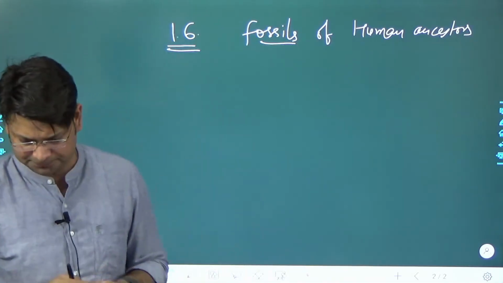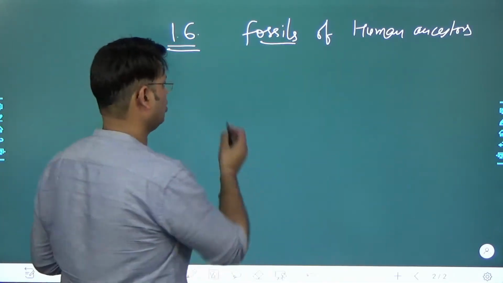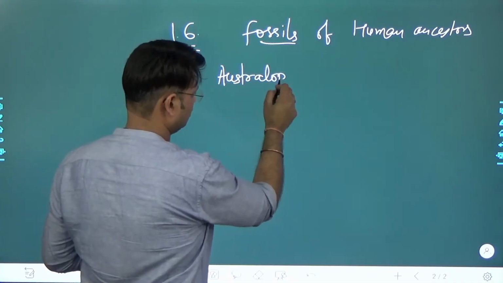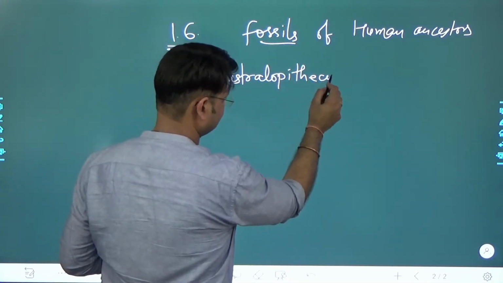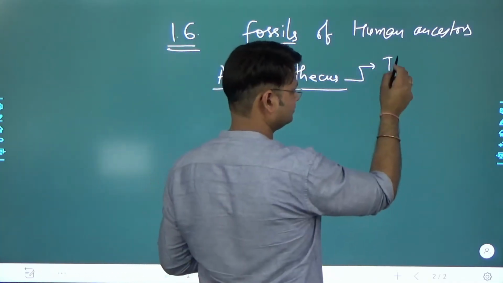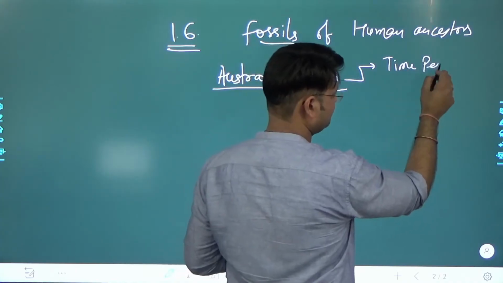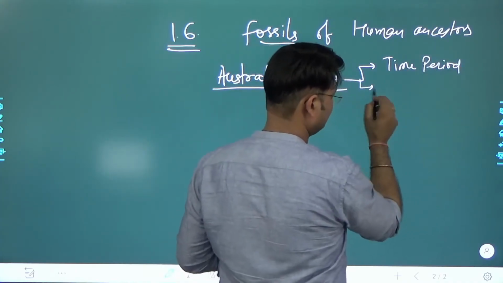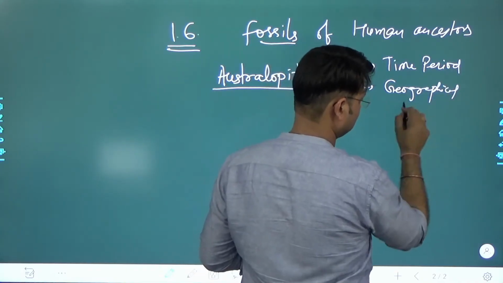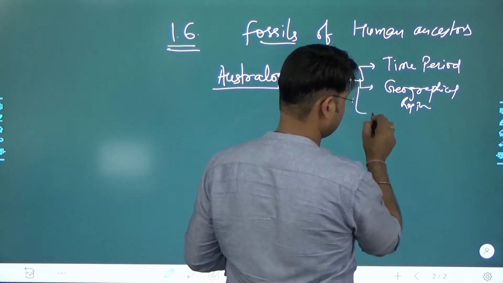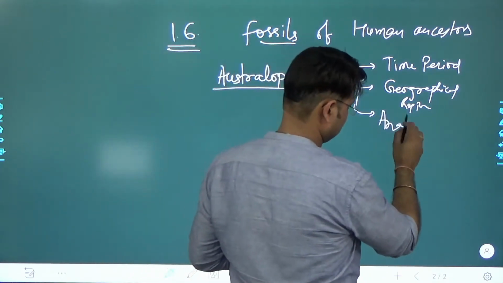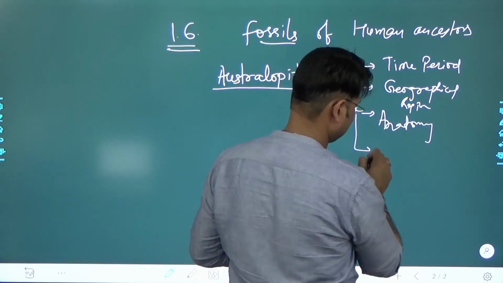So here we will try to understand Australopithecus: where they emerged, their time period, in which time period they lived, in which geographical region they lived. We will try to understand their anatomy and their behavior.